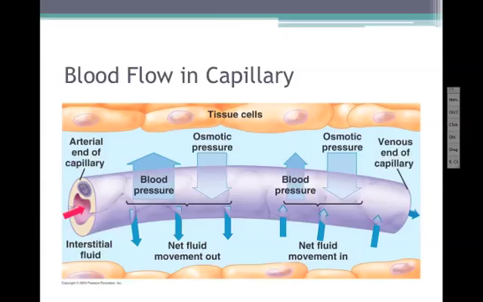And that's what you want. You want to pick up the fluid and the waste products and get them inside the capillary. So the net fluid movement is into the capillary to get it out of the body, because it's going to go up to the heart and eventually to the kidneys to filter and be cleaned, and then it'll be excreted. Any waste products that get picked up will be excreted in the kidneys.